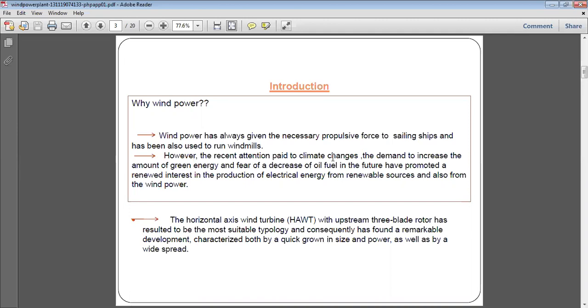Here it has three blades and works upstream, and it is considered one of the most suitable forms to generate energy. It is characterized by quick growth in size and power, and it is very widely and extensively used. The model for this is the horizontal axis wind turbine.